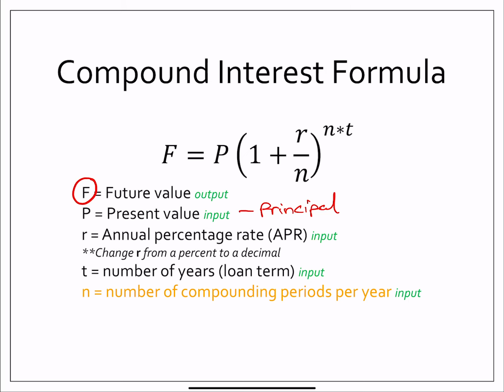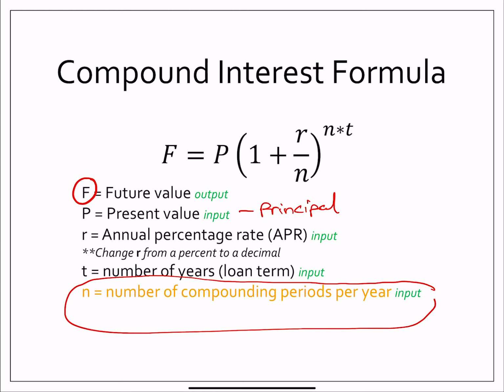Those things are exactly the same as the simple interest example. But the only new input that we need now is how many times we're actually going to do this compounding in a year. How many times are we actually going to compound it? And that is this, N, the number of times we compound in 1 year.